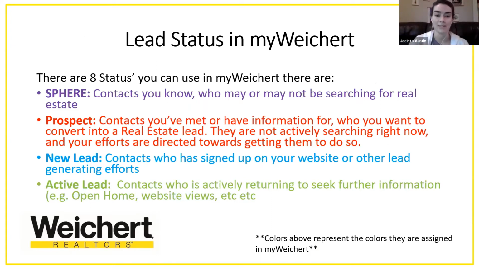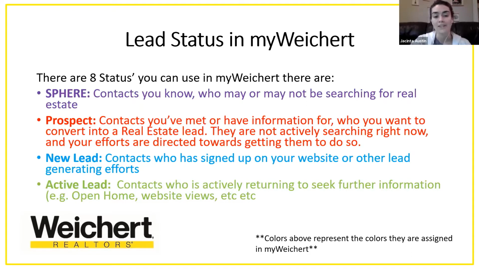There are 8. So you have sphere, which is contacts you know who you may or may not be searching for real estate. Prospect, contacts you've met or have information for who you want to convert into a real estate lead. They might not be actively searching at the moment, but your efforts will direct them towards doing that.